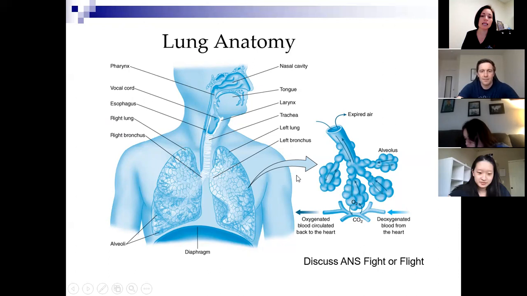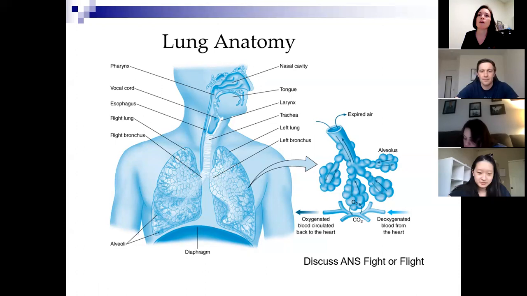Those are these little tiny thin cells down at the bottom that fill up with the air. There are all these little branches. I wish this was a little more see-through, but after they break off from the bronchioles, they divide even further into the alveoli.